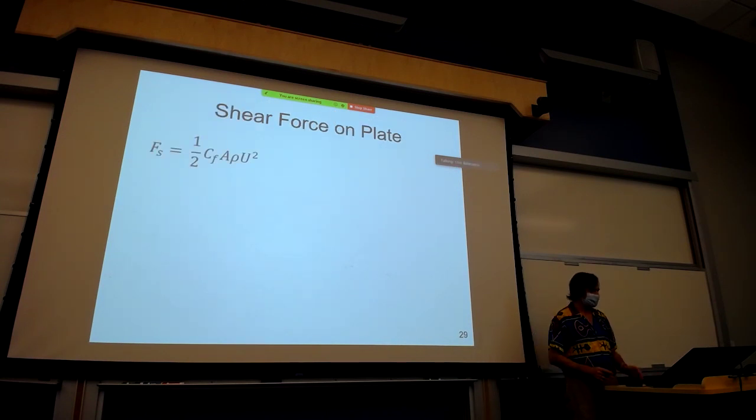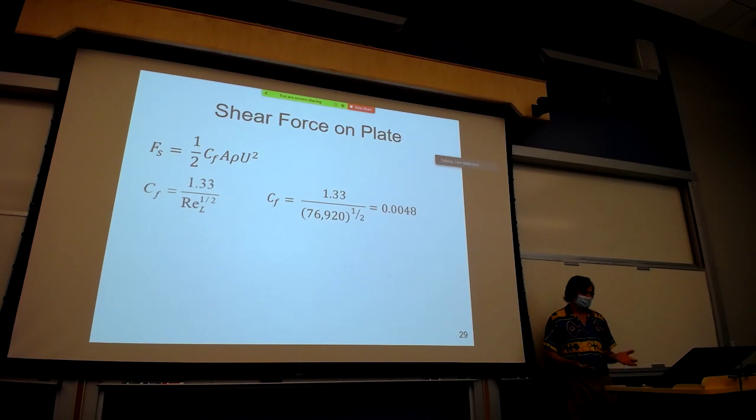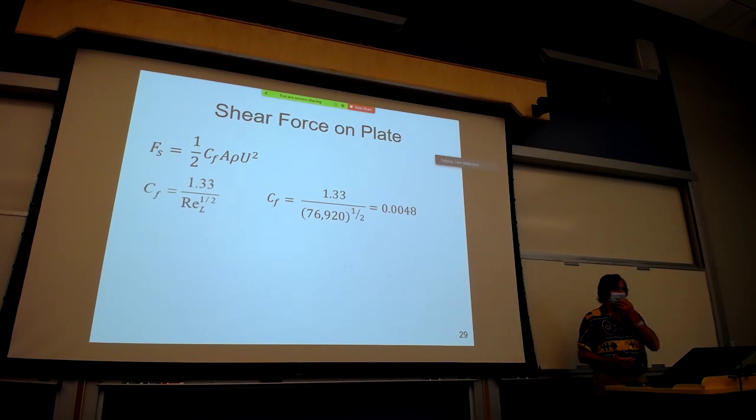For the shear force on the plate, this is the momentum form of the equation. This was the shear force coefficient, the drag coefficient. We can certainly use the Blasius equation, but again, this C_F was developed from that. So the shear stress coefficient is 1.33 over the square root of the boundary Reynolds number at the trailing edge.